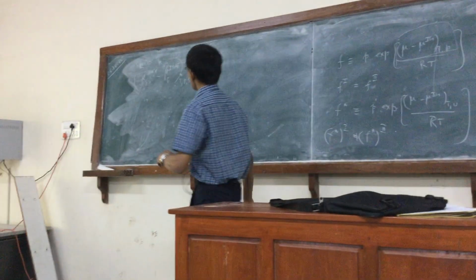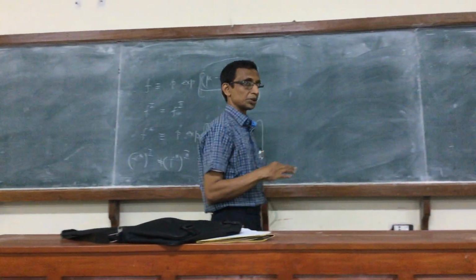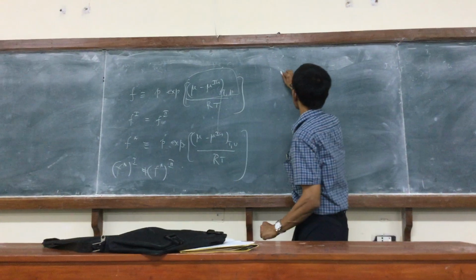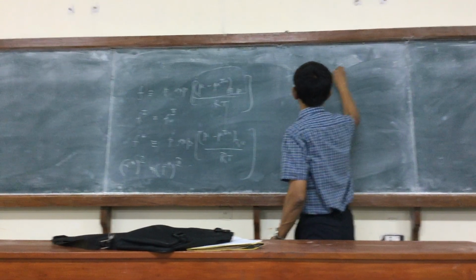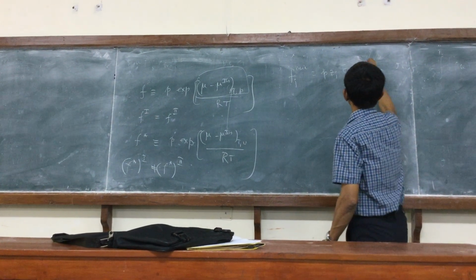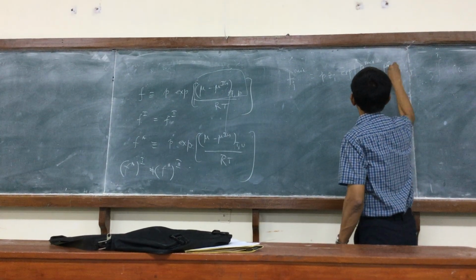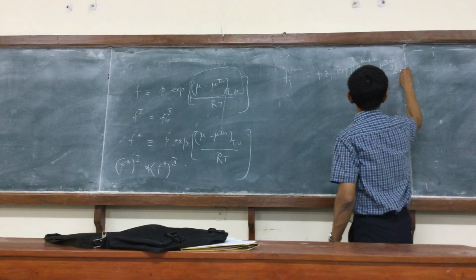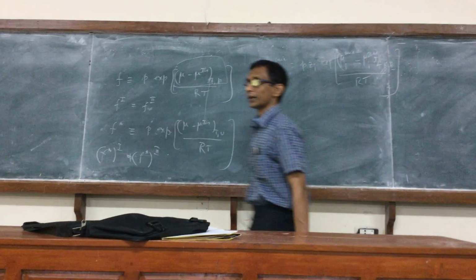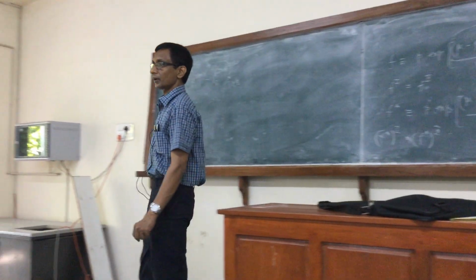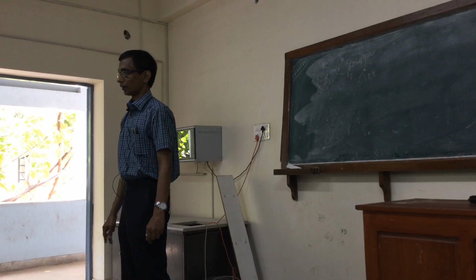Now, when you come to the fugacity of a component in a mixture, the issue is a little bit more complicated. The fugacity of a component in a mixture is defined as P times z_i exponential of the difference, and importantly both quantities, that is the chemical potential of the actual mixture and that of the ideal gas mixture, must both be evaluated at the temperature, pressure and mole fraction of the mixture.